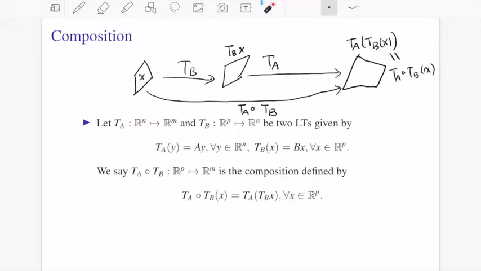Then we can talk about composition. We say TA composite TB is the composition defined by this notation. It's actually first act TB on X, and then TA on TB X.